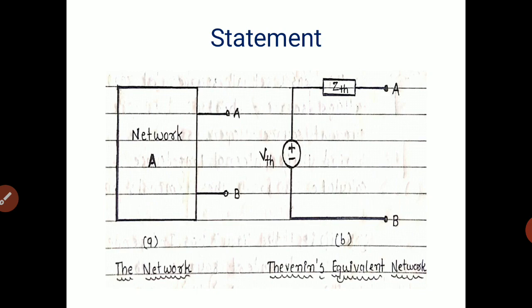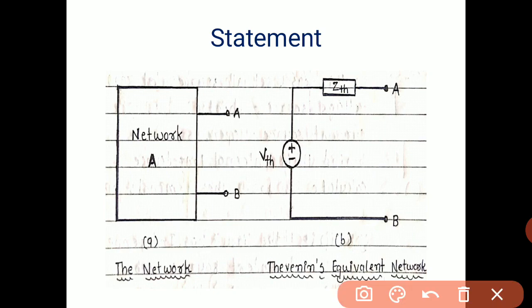In case a voltage source is given, it will be shorted, and if a current source is given, it will be open. From the terminals A and B we calculate ZTH, and the entire circuit will be converted into the Thevenin's equivalent circuit.